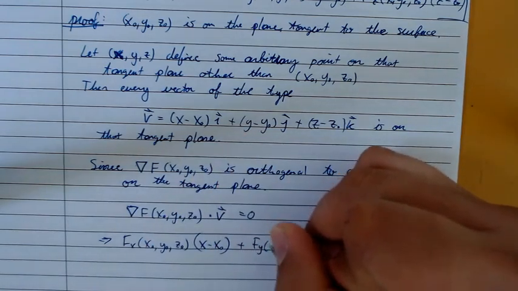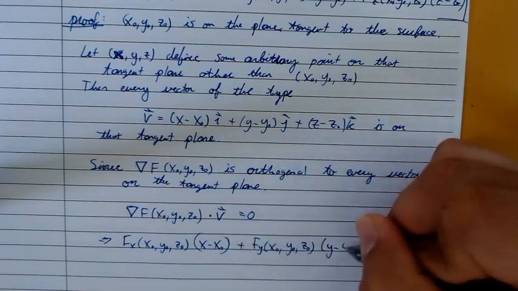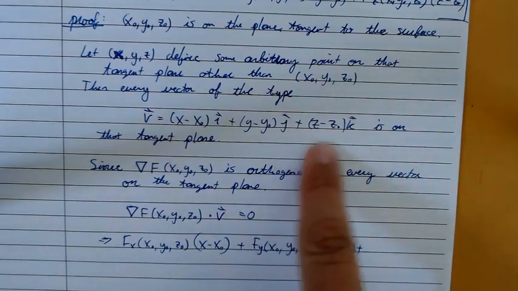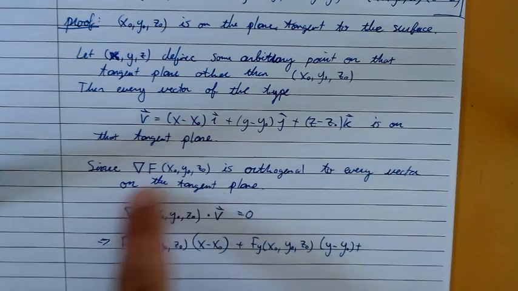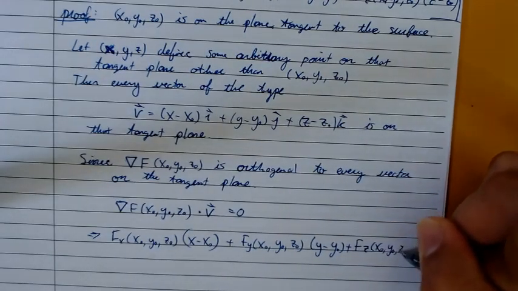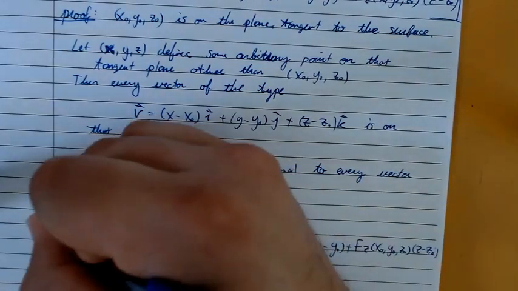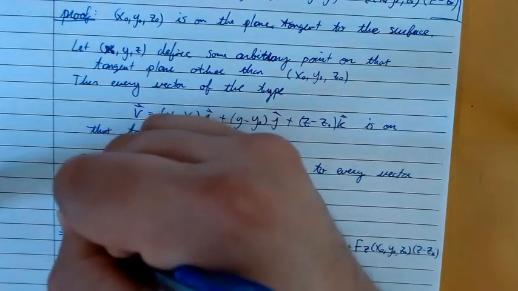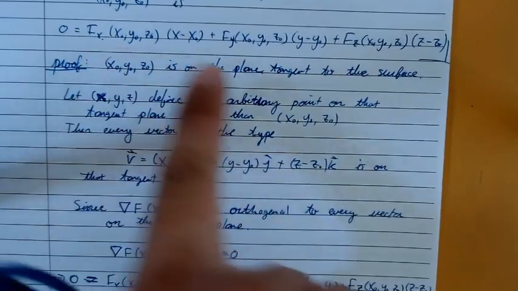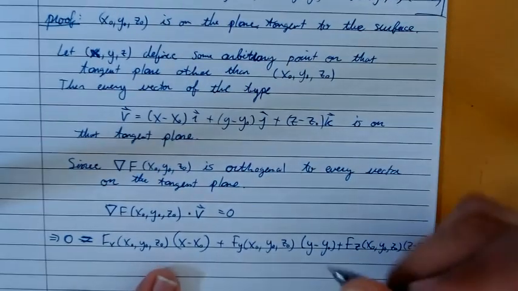So it'll be f sub y at x naught, y naught, z naught times y minus y naught, plus f sub z at x naught, y naught, z naught times z minus z naught, is equal to 0. I ran out of space, so I'll write the 0 over here, which is our result. 0 is equal to f sub x times x minus x naught plus f sub y times y minus y naught plus f sub z times z minus z naught. And that concludes our proof.